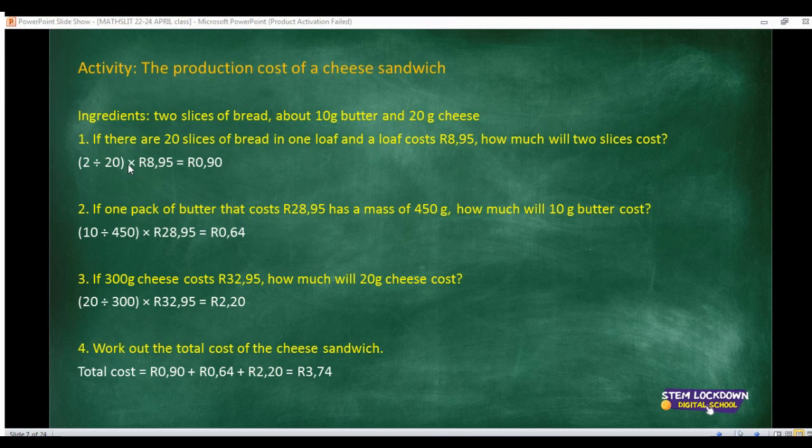So you buy the loaf for 8.95 rands, but to make 1 sandwich, only the 2 slices that go into this 1 sandwich, it costs you 0.90 rands. So that's what they mean. Another example, you need to work it down to the very unit. If you are selling sandwiches, you need to work out how much 1 sandwich actually costs.